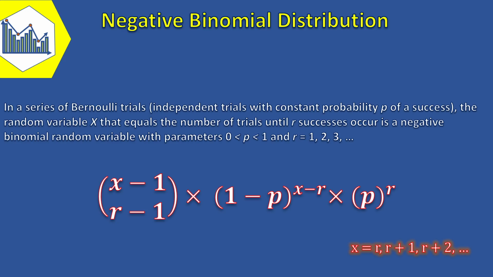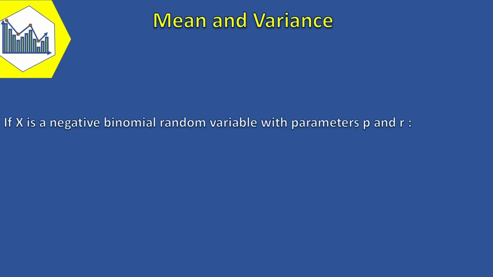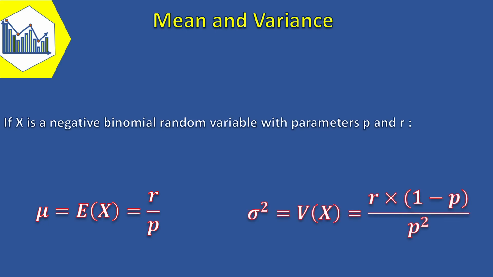On the other hand, if x is a negative binomial random variable with parameters p and r, then its mean equals r over p and its variance is equal to r times 1 minus p over p squared.